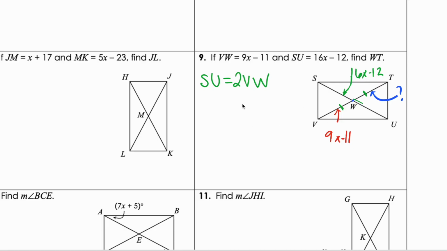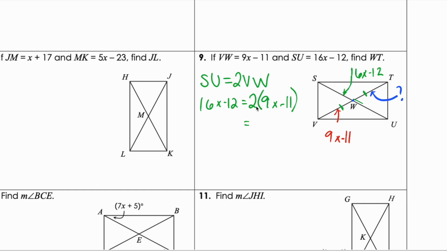Okay, so why don't I go ahead and plug my equations into this equation to solve. SW is 16x minus 12 equals 2 times our VW, which is 9x minus 11.